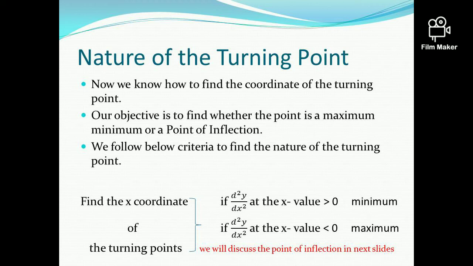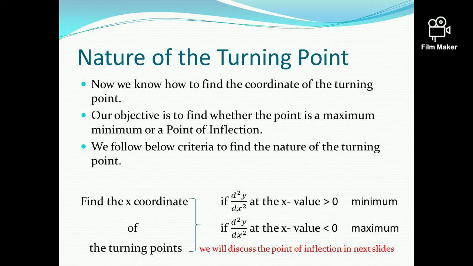Into this second differentiation, you substitute the x coordinates you obtained for the turning points using the first differentiation. If you obtain a positive answer, like plus 2 or plus 3, that means at that point the curve has a minimum point.